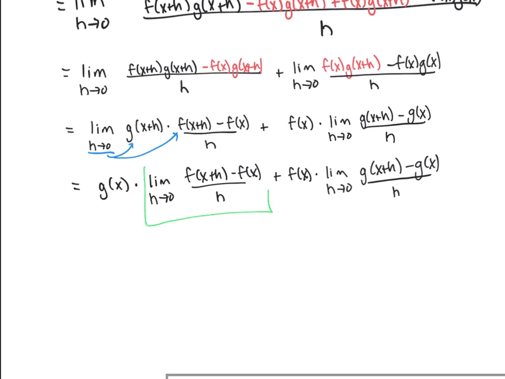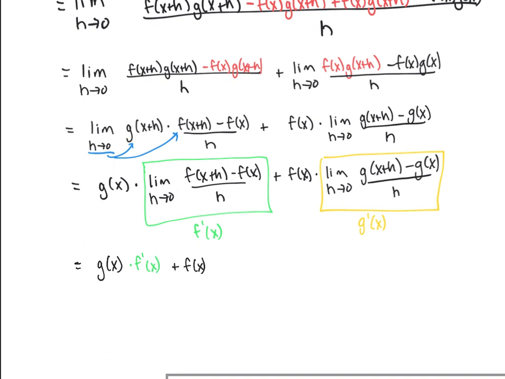So I'm not actually going to evaluate these limits. Each one of these limits on their own is a derivative. That boxed out green one is f prime of x, and this boxed out yellow one is g prime of x. So if I go ahead and put this all together, I had g of x multiplied by f prime of x plus f of x multiplied by g prime of x.